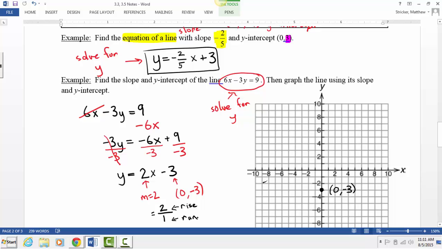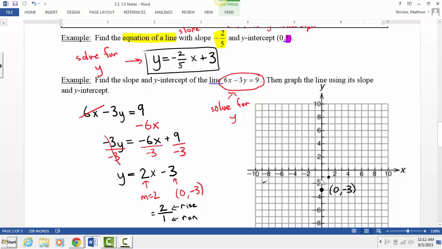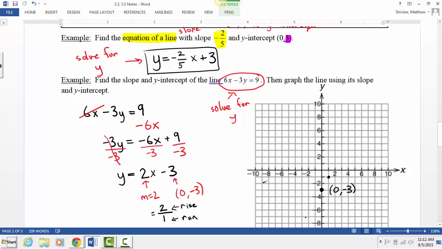So to graph that, we're going to start at this first point and we're going to rise 2 units and run 1 unit. So once you've done that, then you can go ahead and draw a line through those points. You should also label that second point. That is the point 1 in the x direction and negative 1 in the y direction.